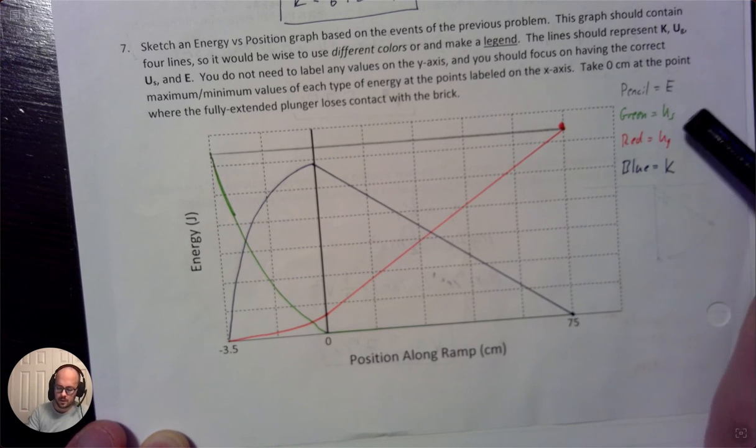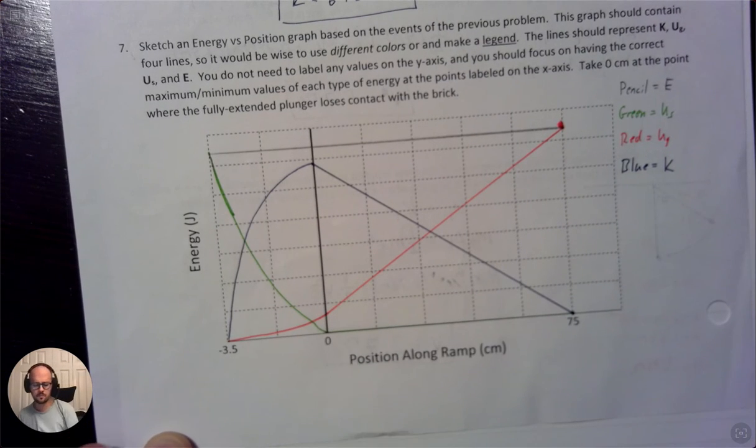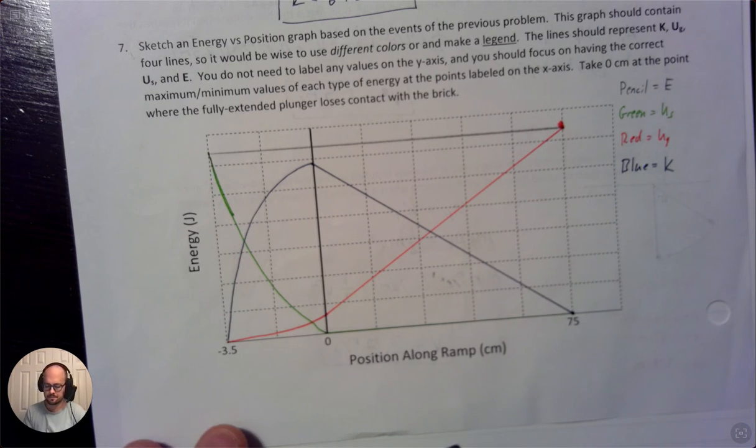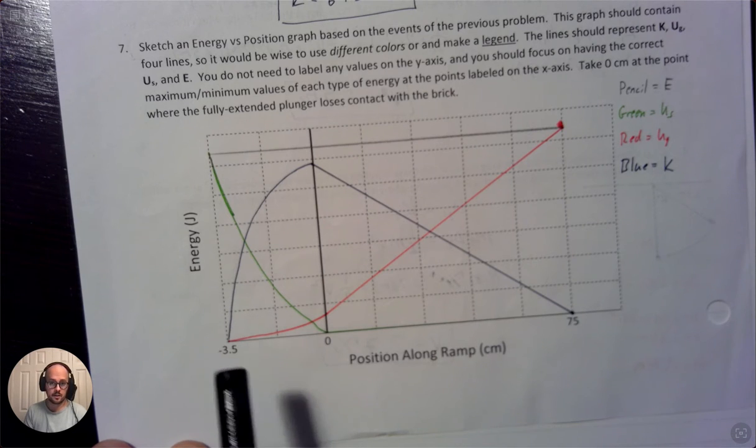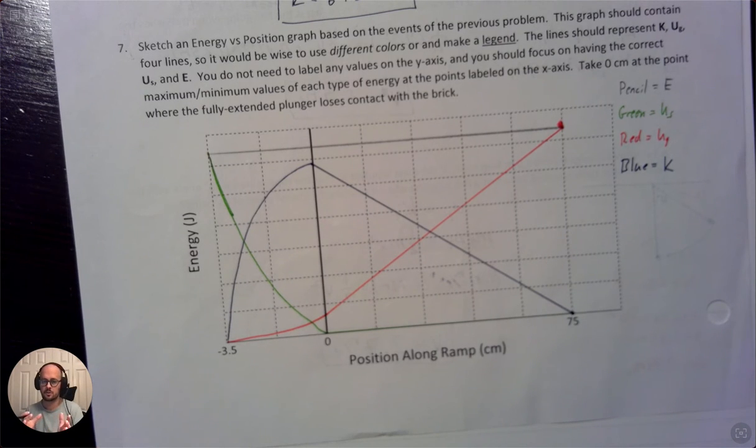So I drew that one in green, and of all of them, that's probably the easiest one to describe what's happening. The beginning of this problem is when the cart has the plunger compressed, and so that means that the maximum amount of elastic potential energy is stored in the spring.